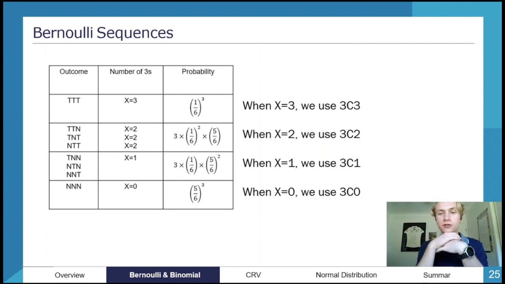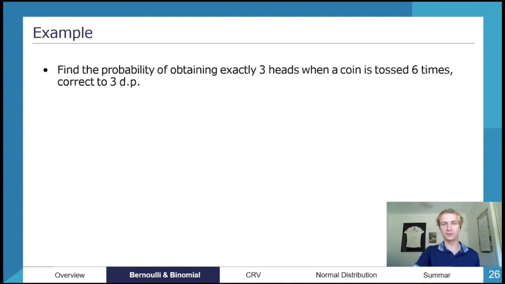When x equals 3, because the trials are still 3, right? There's still n equals 3, but the value of r, or the value of x, is going to change. So when x equals 3, it would then be 3C3 for nCr. When x equals 2, it'd be 3C2, x equals 1, 3C1, when x equals 0, it'd be 3C0, etc. And we get these different probabilities that should all hopefully add up to 1.